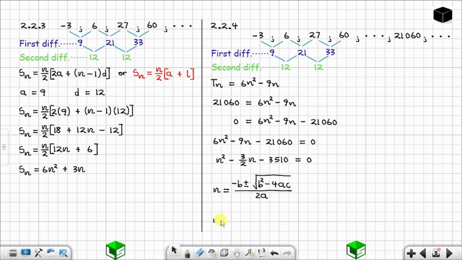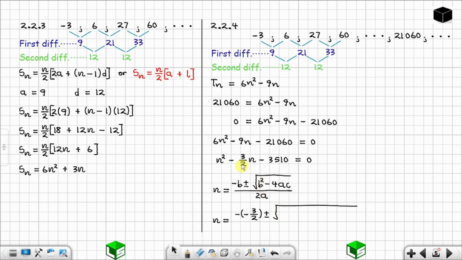You carry on, n is equal to negative b. What is your b? Your b is negative 3 over 2. This is your b, this is your c, and this is your a. Your a is 1, your b is negative 3 over 2, and your c is negative 3,510. So you have a, b, c. So you have negative b, negative 3 over 2, plus or minus the square root.